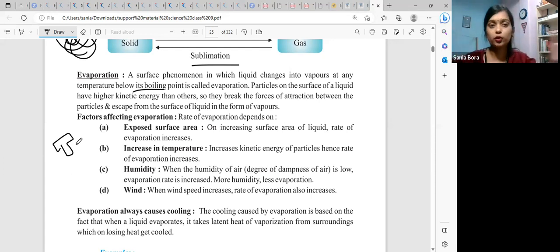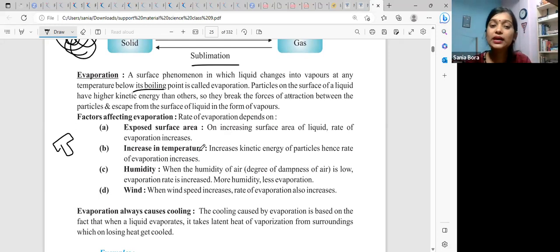If you spread it, it takes more area, so it will evaporate more easily. But if you put it in a small area, it will take a longer time. So if you increase the surface area of the liquid, the rate of evaporation will increase. If you decrease it, the rate of evaporation will also decrease. Clear?